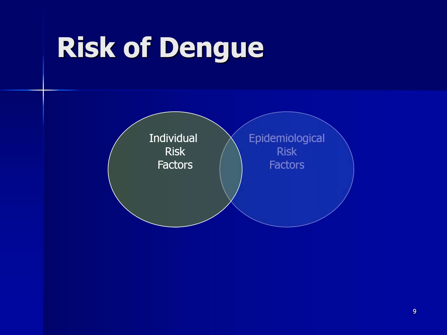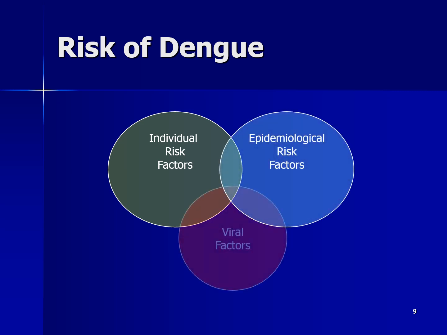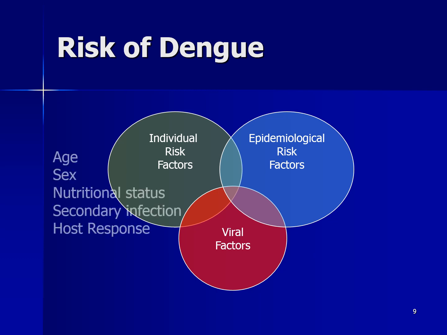Now, what are the different risk factors of dengue? Dengue has individual risk factors, epidemiological risk factors, and viral factors. The individual risk factors are age, sex, nutritional status, secondary infection, and host response.